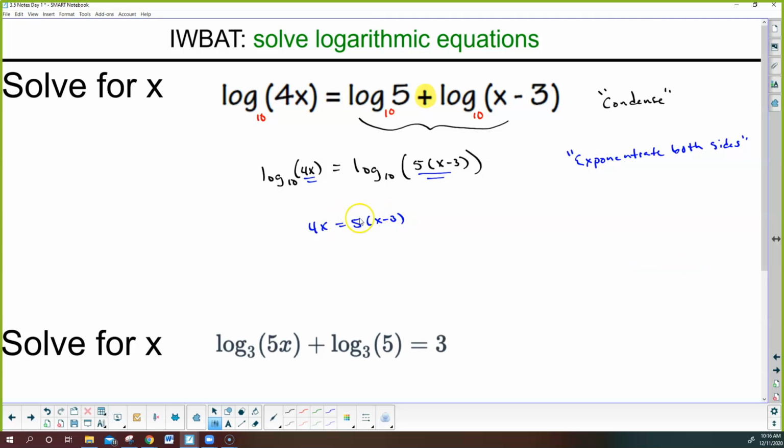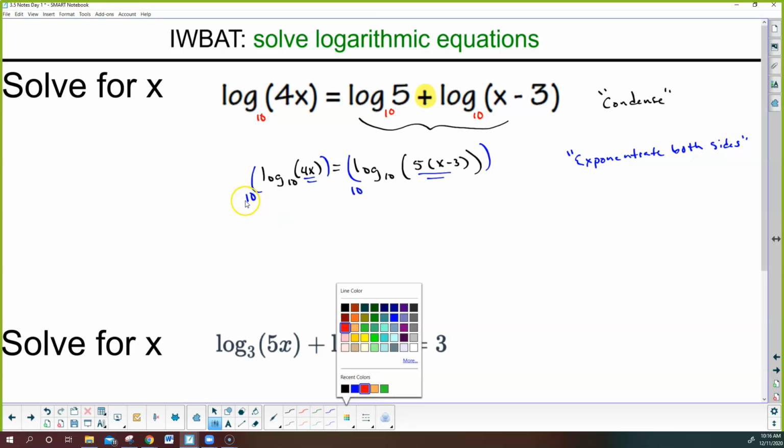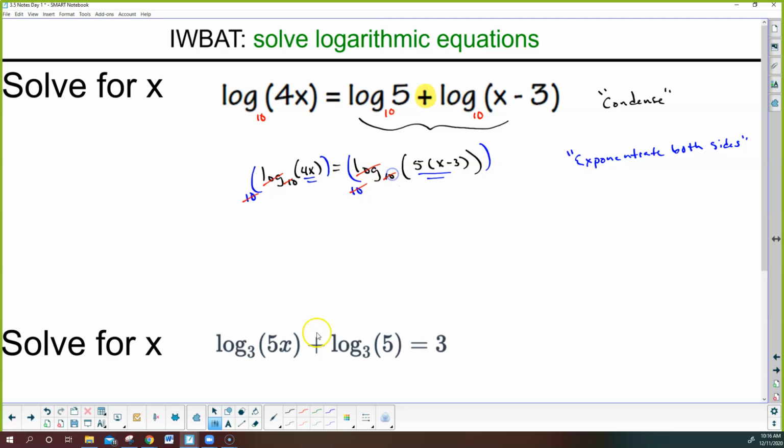But how do we show that mathematically? I skipped a big step here, so I want to show the exponentiation. They're both logs of base 10. So if I raise both sides to the power of 10, or I should say 10 to the power of both sides, that is what officially reduces out the log base 10, right? That was what we saw in the warm-up today.